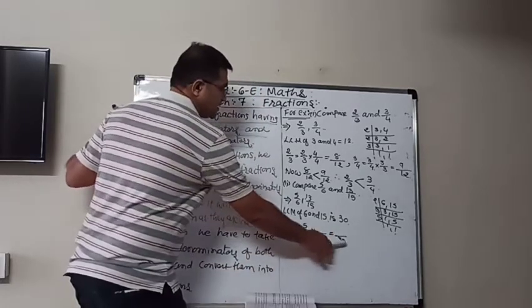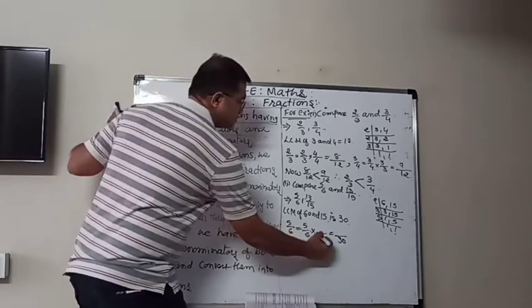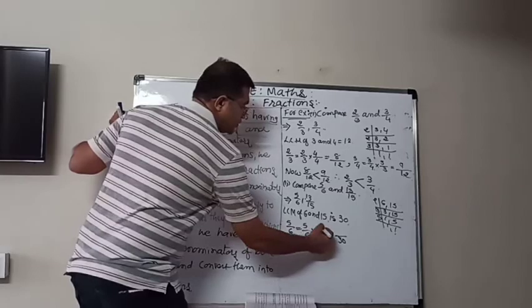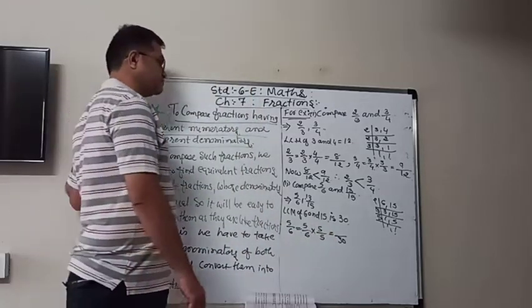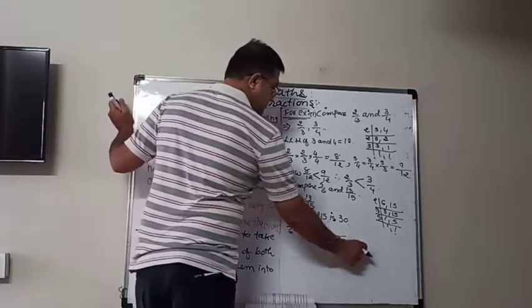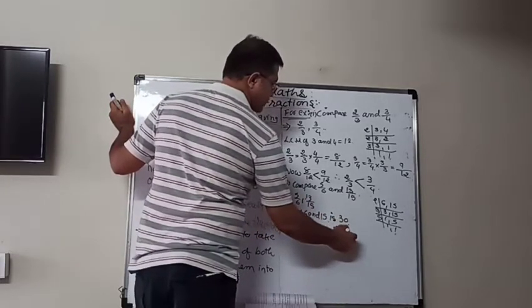So to bring 30 here, 6 must be multiplied by 5. 6 5s are 30. So in the numerator also we have to multiply it. So here we get 5 5s are 25 upon 30.